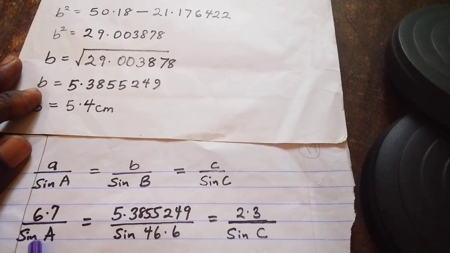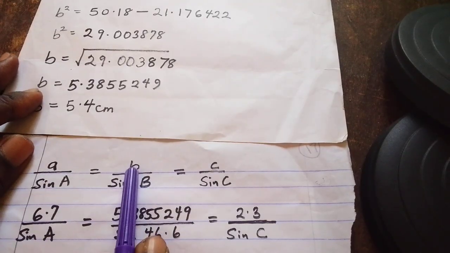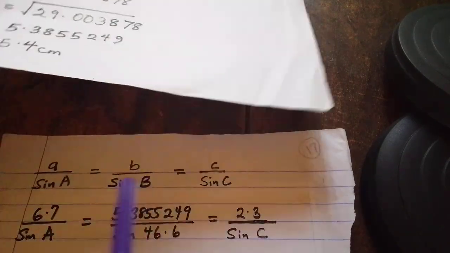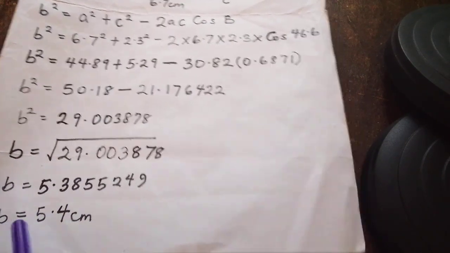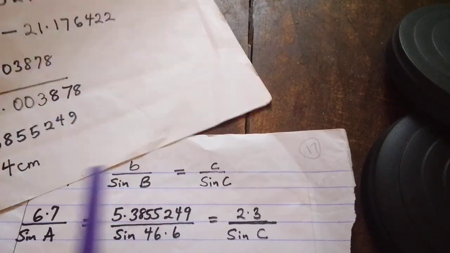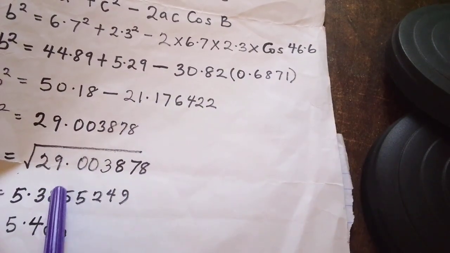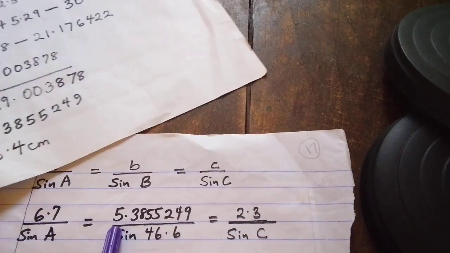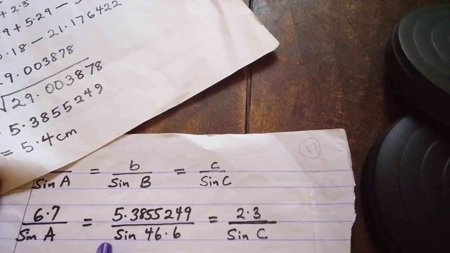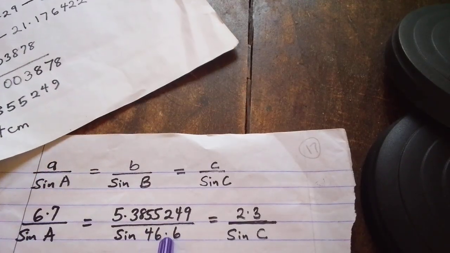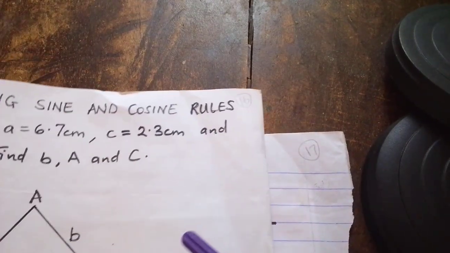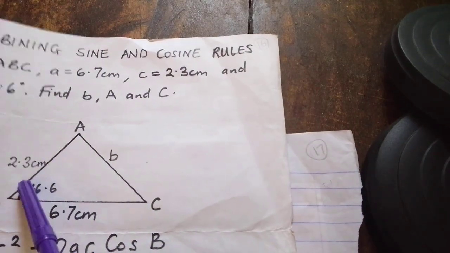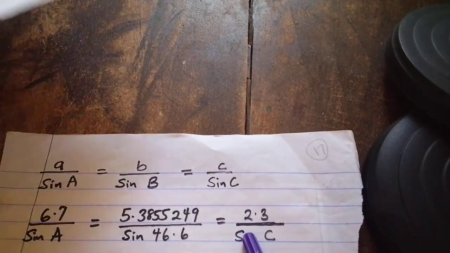You don't use an approximated value when you still want to continue with your workings. So since we have calculated our B to be 5.3855249, that's the exact value we have to write over sine 46.6, our angle B, is equal to the side C, which is 2.3 over sine C.